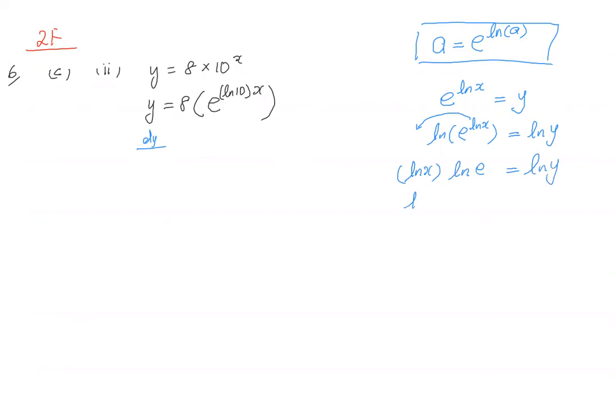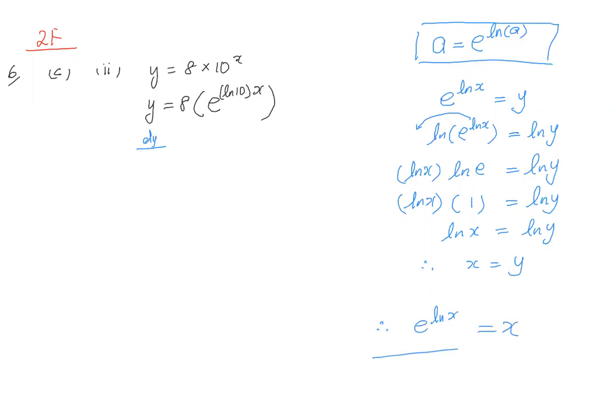So what is ln e? Ln e is 1, ma? Oh yeah. Only one. Okay, so ln x equal to ln y, correct? So what can you say? Therefore, x equal to y. So therefore, e to the power of ln x equal to x. Okay. So that is the formula that derived from here.